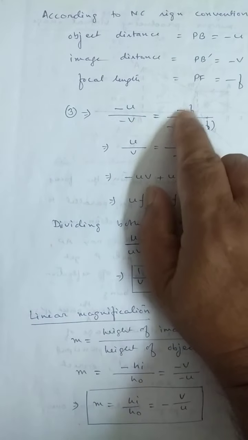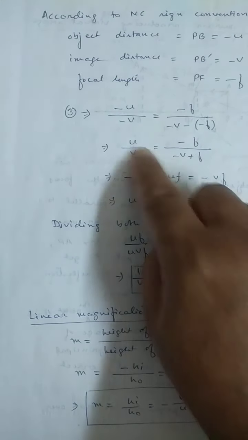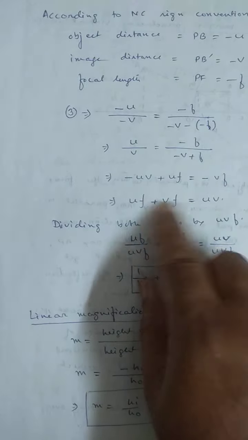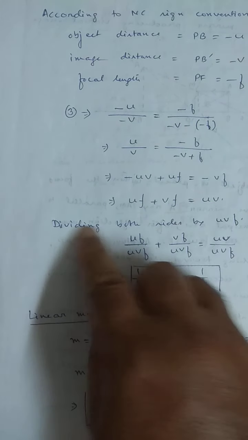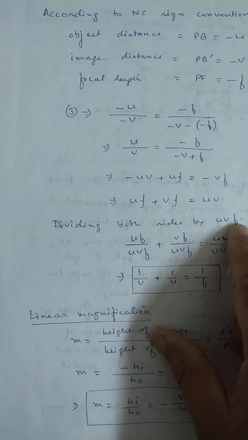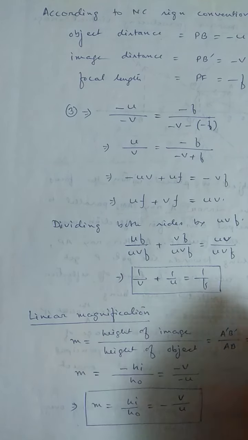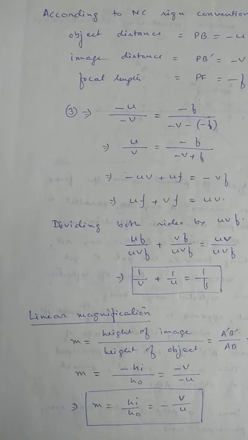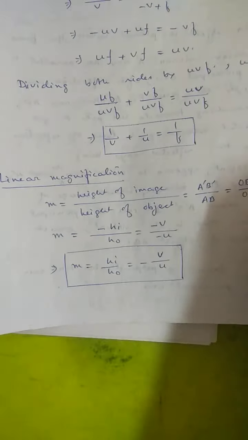Minus u by minus v, so this minus gets plus. Cross multiply it, we are getting this. We arrange the equation, dividing both sides by u, v, f. What we get? 1 by v plus 1 by u is equal to 1 by f. This is the mirror formula for concave mirror producing the real image.